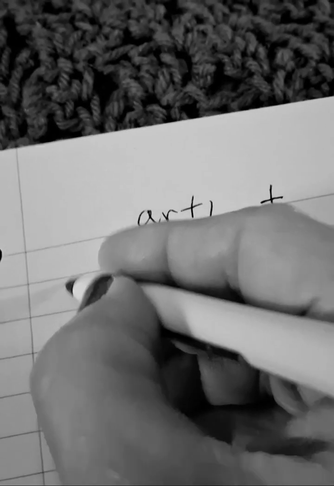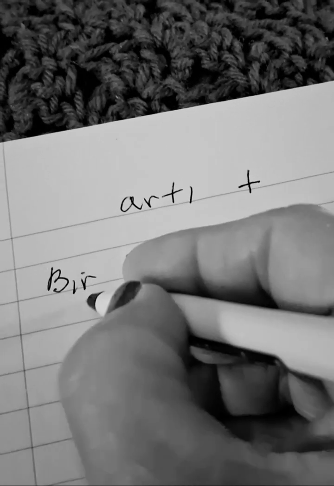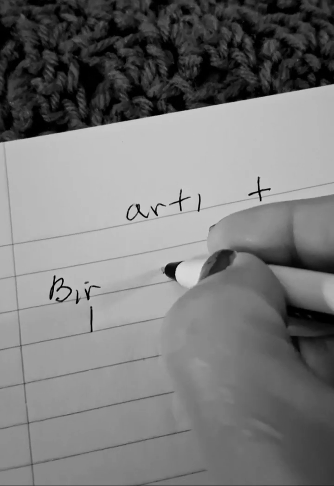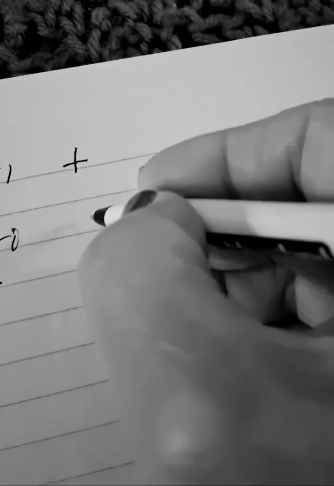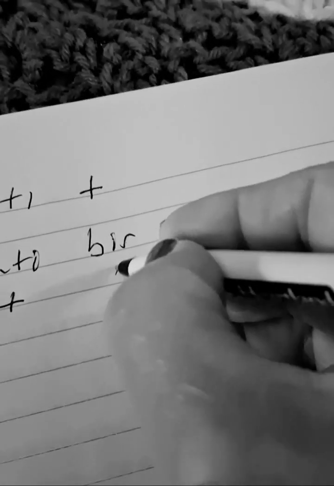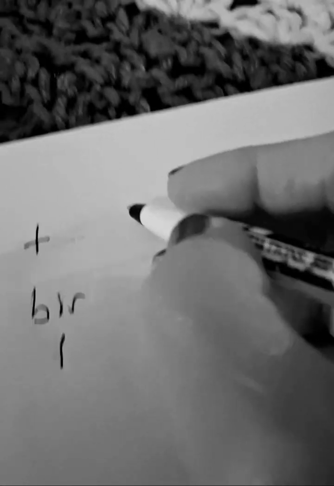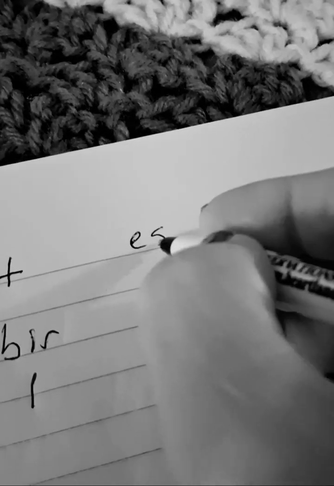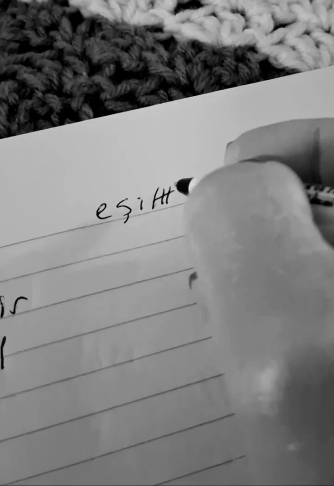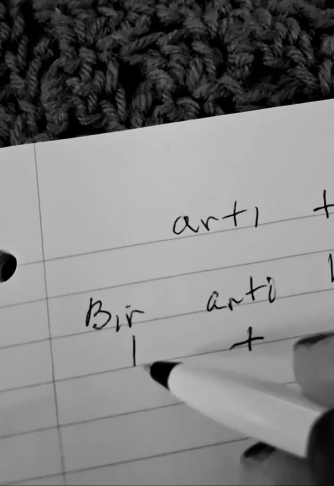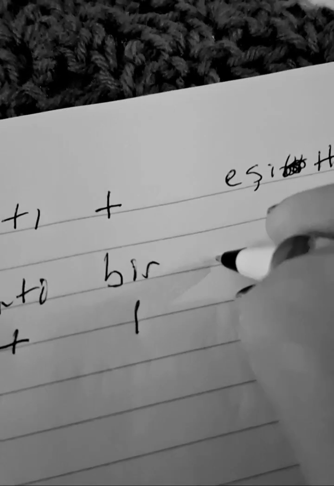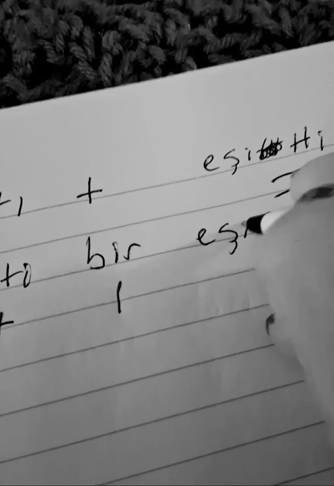So we're going to say bir, which is 1, artı bir, 1, and then equals, let's put this up here, eşittir. Sorry, it is hard through the camera. You'll hear other people say that too. Eşittir. So, bir artı bir eşittir.